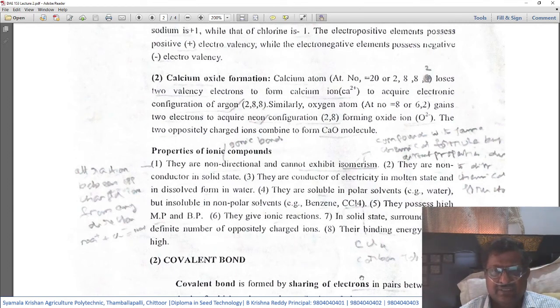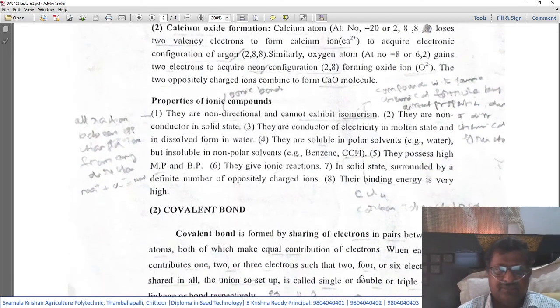Number 8, their binding energy is very high. So the binding energy of the ionic compounds or electrovalent compounds is very high. The student should remember all these properties from the examination point of view also.